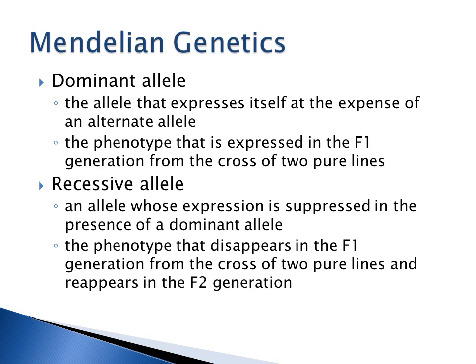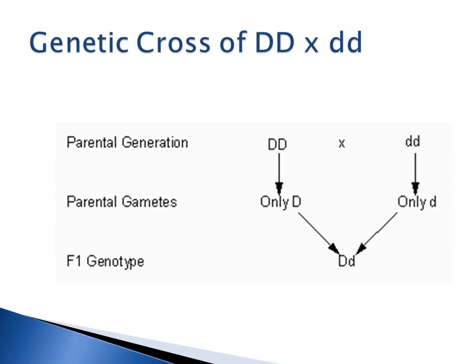The phenotype that disappears in that first generation from the cross of two pure lines is the recessive allele, but it can reappear in the second or F2 generation. So we have a genetic cross here of big D and little d, little d.